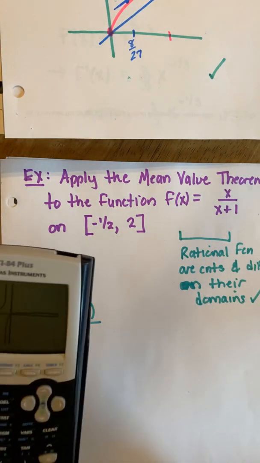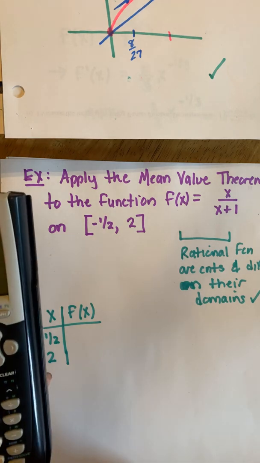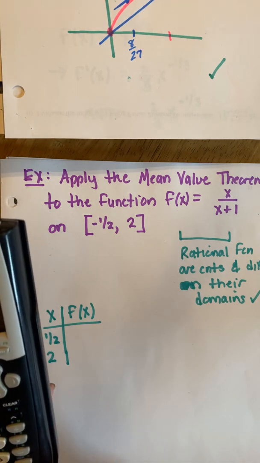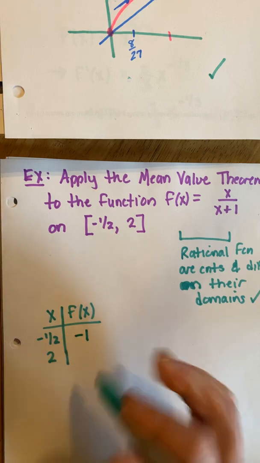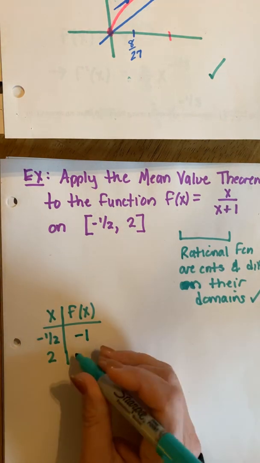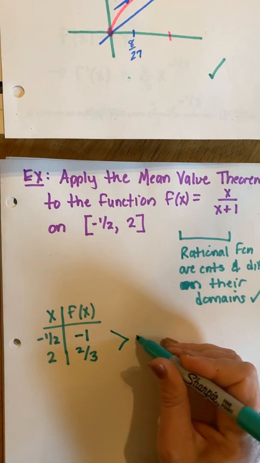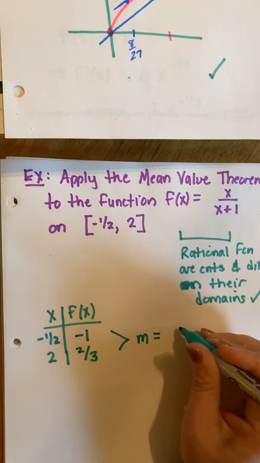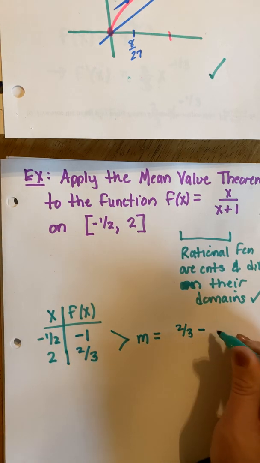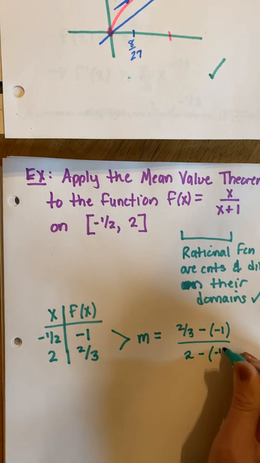So we are good. I'm going to go second calc, and I'm going to do the value at -0.5. See if it gives me a nice number. Oh, it's just -1. And then I'm going to do the value at 2. And the value looks like it's 2/3. So what I'm going to do now is find the slope of the line connecting this. 2/3 minus -1 all over 2 minus -1/2.